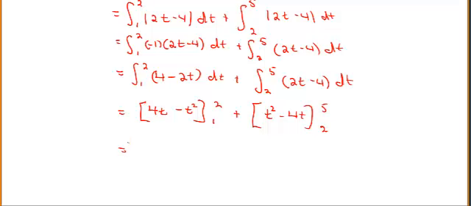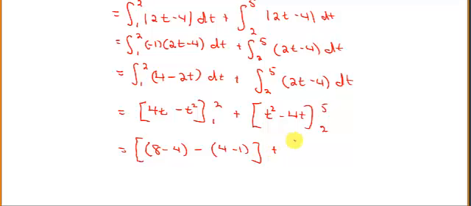If I evaluate the first one at 2, I'm going to have 4 times 2 is 8, minus 2 squared is 4, and then evaluate it at 1, 4 times 1 is 4, minus 1 squared is minus 1, so I'll have that amount.